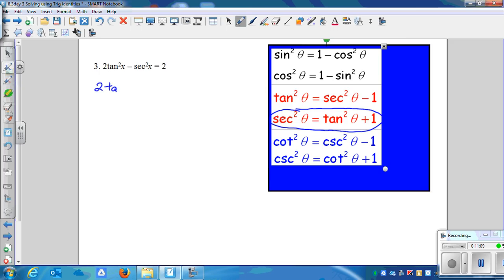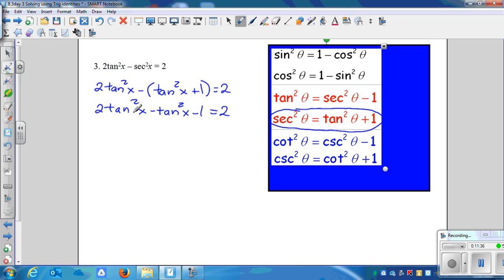So 2 tangent squared x minus the quantity tangent squared x plus 1 equals 2. Distribute your negative. And we're going to simplify and set equal to 0 here. Well, we may not have to set equal to 0.